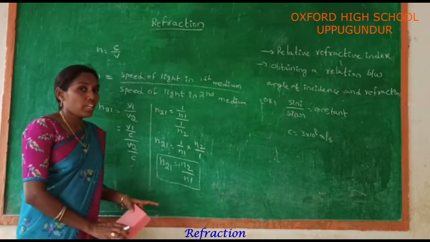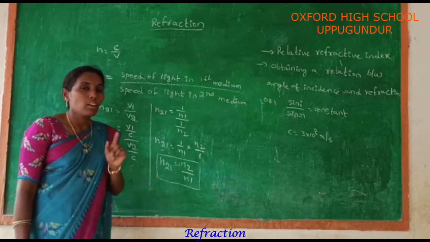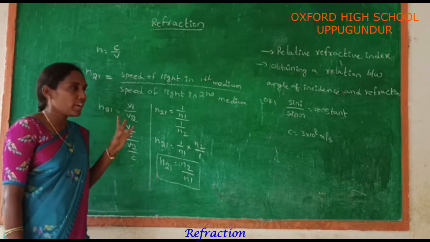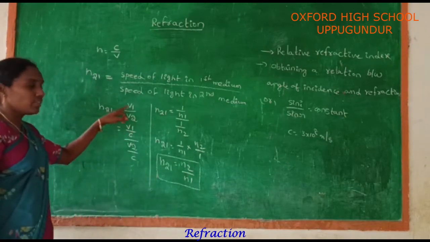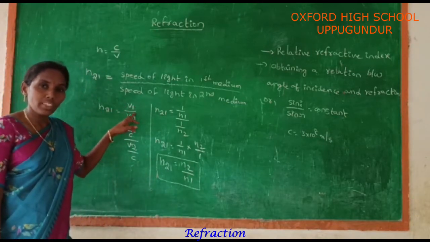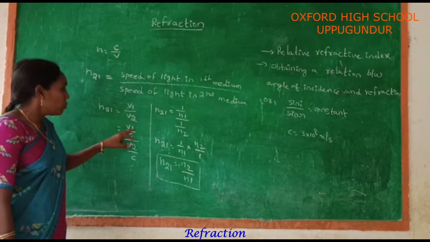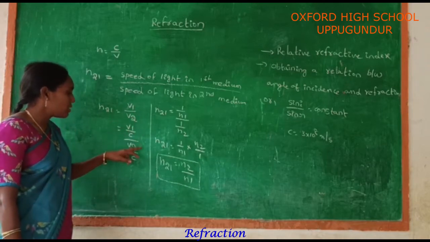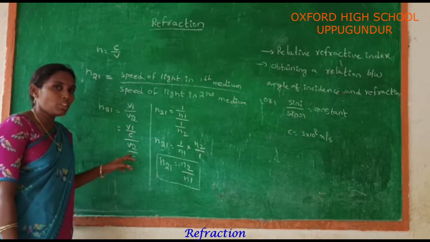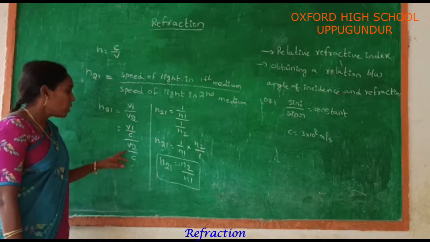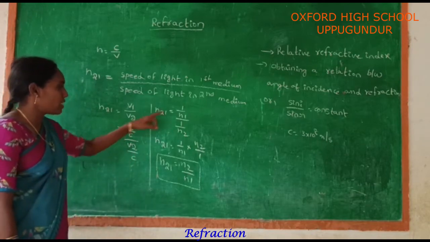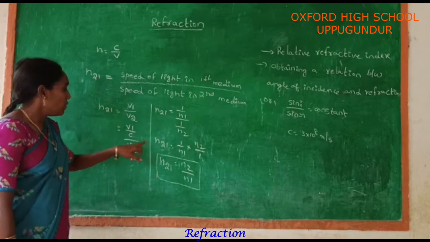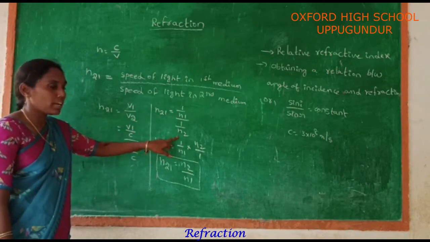Now listen carefully. Relative means comparison. Relative refractive index is defined as the speed of light in first medium to the speed of light in second medium. Both the numerator and denominator are divided with c, where c means speed of light in vacuum. Here v1 by c is written as 1 by n1 and v2 by c is written as 1 by n2.